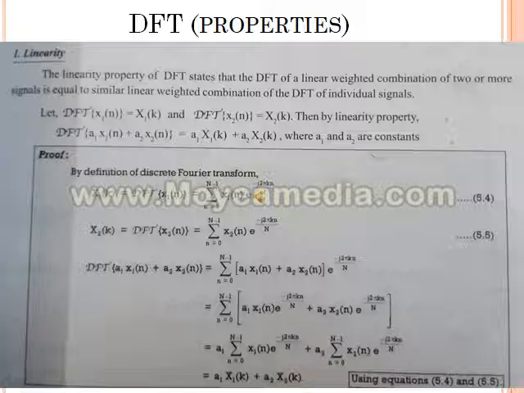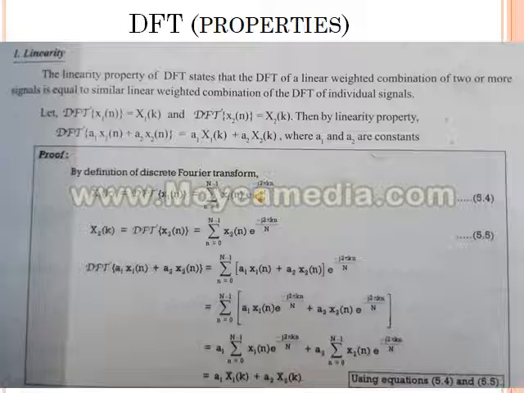The signal is now the combination of two inputs, x1(n) and x2(n), where x1(n) is scaled by a1 and x2(n) is scaled by a2, and the combined signal is a1 x1(n) plus a2 x2(n). Now we have to take the DFT of this combination.